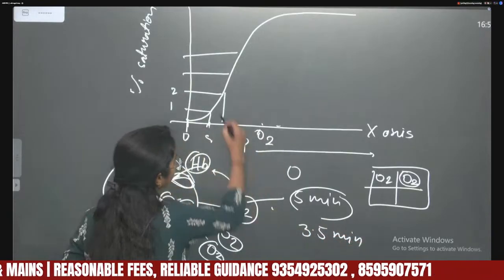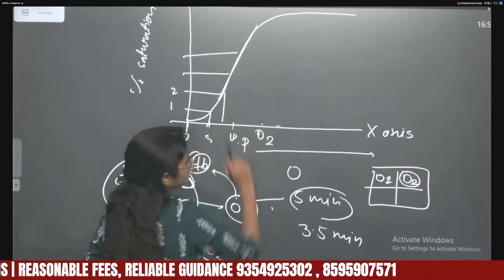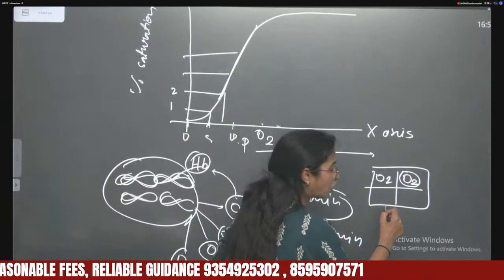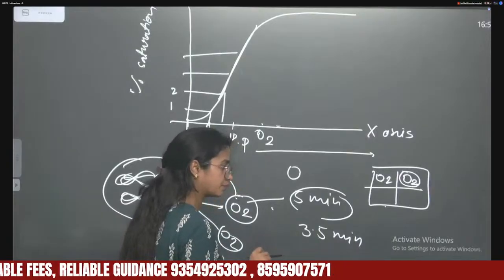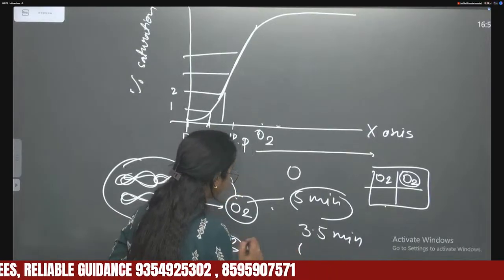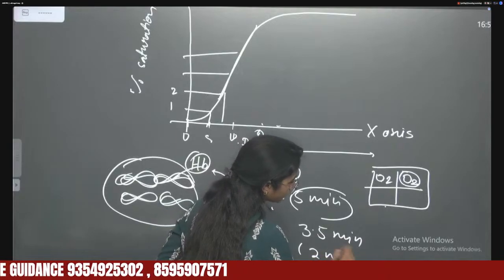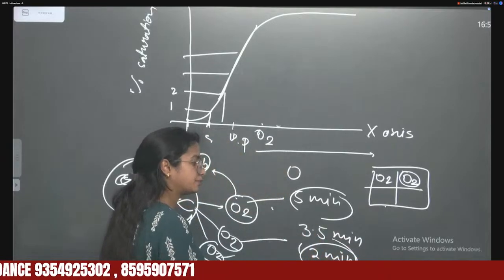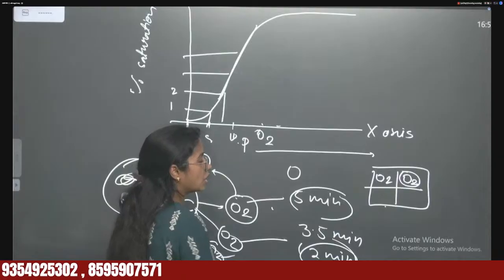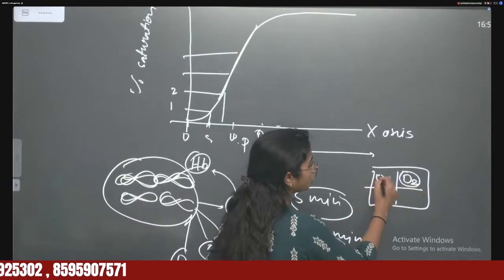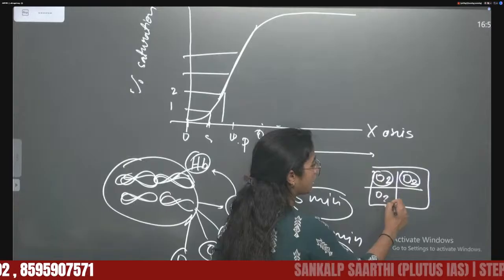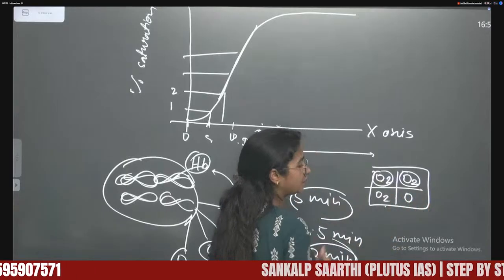Yes ma'am. So that is a steep increase, even in the association or in the dissociation too. The third molecule, when it binds with the oxygen, will take maybe only 2 minutes. Okay? Yes ma'am. Because you went and you see, okay, you already have 2 friends over there. And the fourth molecule, okay, only I'll be waiting for that.